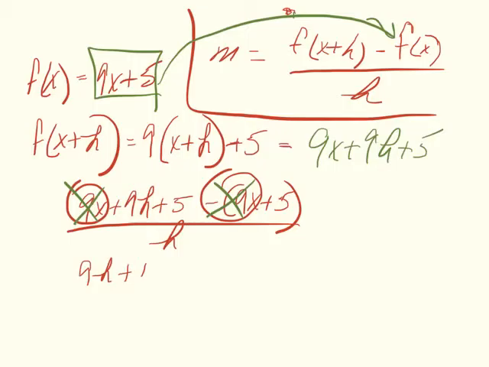So let's just have 9h, and I can't erase it, so let's scribble over it. These h's cancel, and I'm left with 9. So 9 ends up being the slope, or the difference quotient, for 9x plus 5.